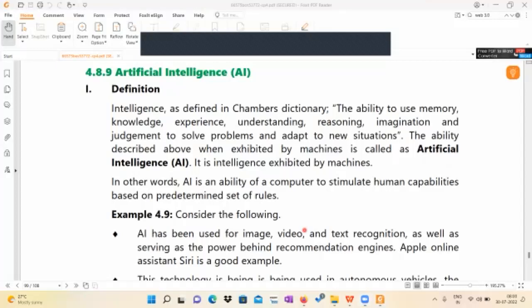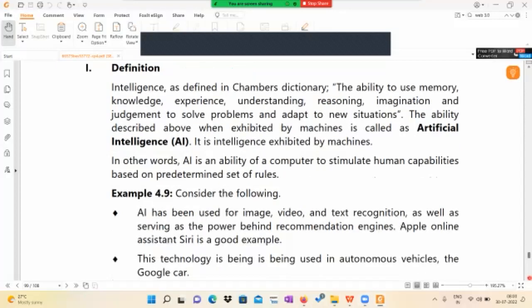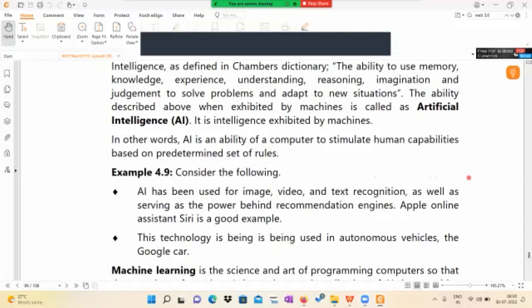Google has a facility called Google Scanner, where you can scan the image, and accordingly you will get the search results, according to the image or the language. It all happens because of artificial intelligence. And we know that a Tesla car is used.